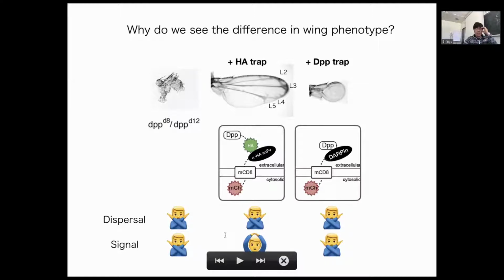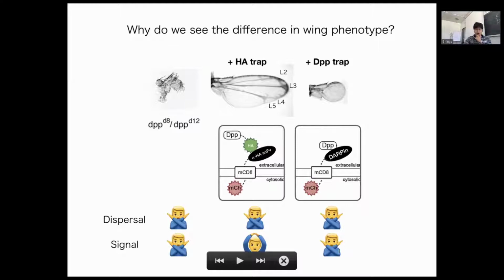But in the case of signal, you start to see the difference. So in the mutant, of course, there is no ligand, so the signal is gone too. But in the case of HA trap, signal is blocked, but not completely. Substantial signal still remains, especially in the source where DPP is trapped, because this DPP can still find the receptor and activate signal.